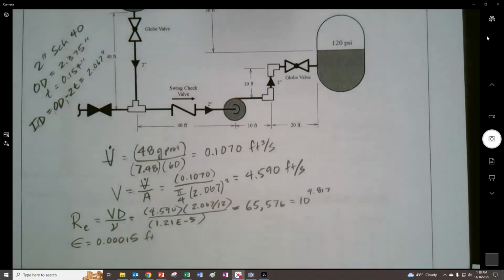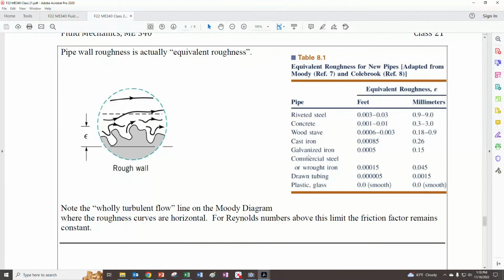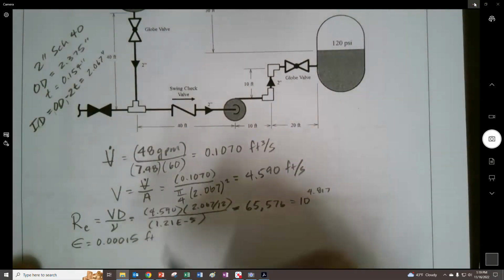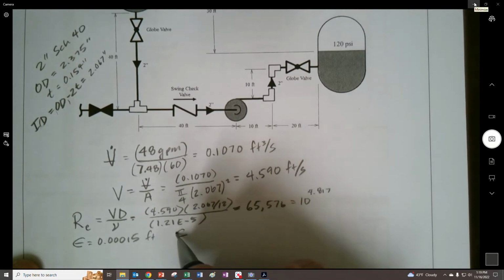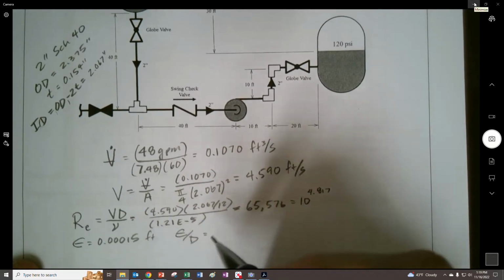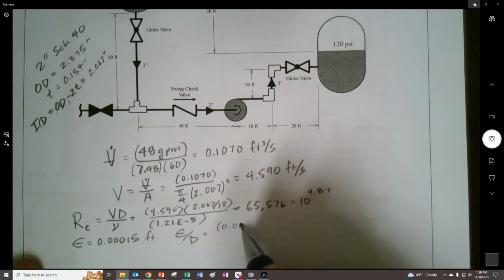Okay, so here is the roughness that we would use. For commercial steel, we'll use 0.0017 and find the ratio of the roughness to the diameter.